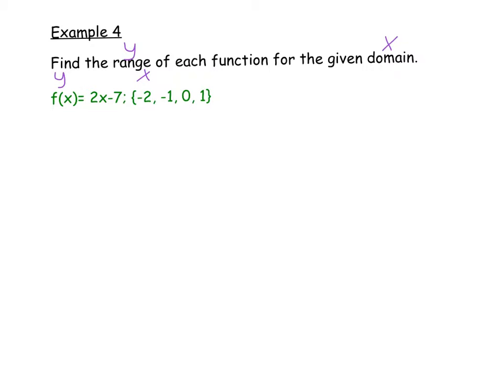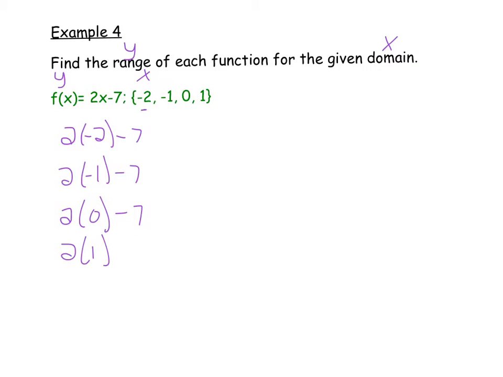So all you're doing is plugging in each of these values, so my -2, my -1, to see what your function value is going to be for the given x value. -7, 2, so I'm just going to plug those in and then I'm going to evaluate.